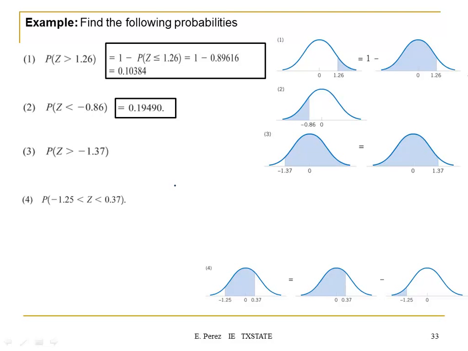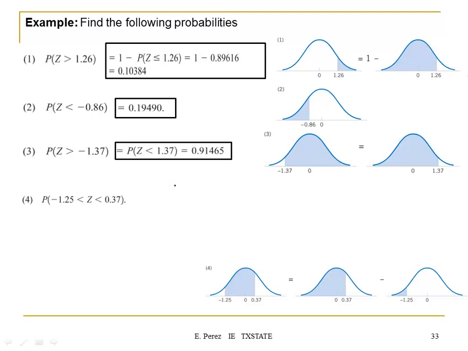But you can find this probability doing the same process that you did here by the complement, and you're going to find the same thing. So what I did was just look at the probability of the positive number, but again, if you follow this process, you're going to find the same probability. Is that clear?